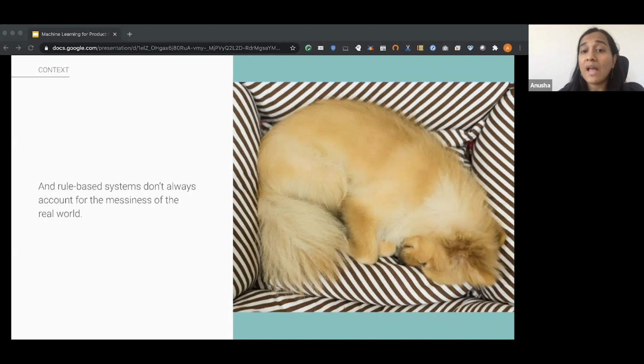You can try to add rules to recognize cats by saying, let's say, if this image contains whiskers, long tails, and fur, but when you have ambiguous photos like the one shown here, it's not always easy for the computer to tell what's in the image. And as you might have rightly guessed by now, this is not a cat, though all the rules that we talked about indicate that this could be a cat. This is an image of a puppy.